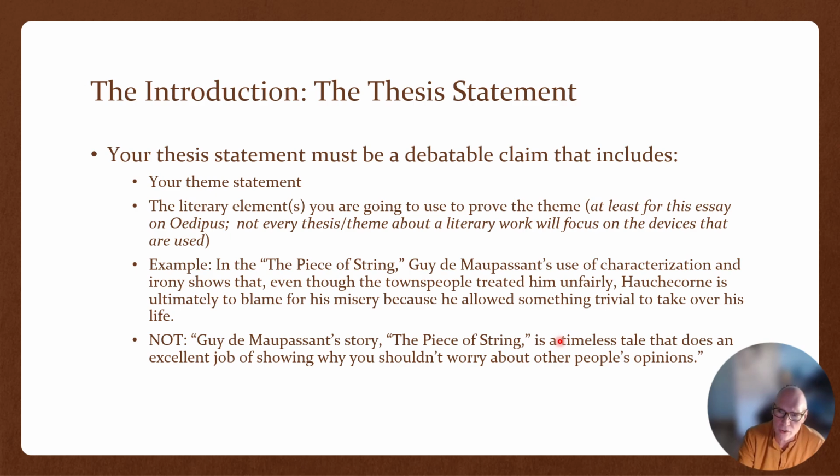You're giving your opinion or your judgment about the nature of the work that can't really be debated, no matter how many examples or how much you quote from the story. You're not going to be able to carry on a debate about whether it's timeless or not.